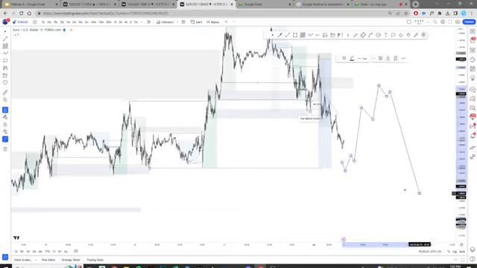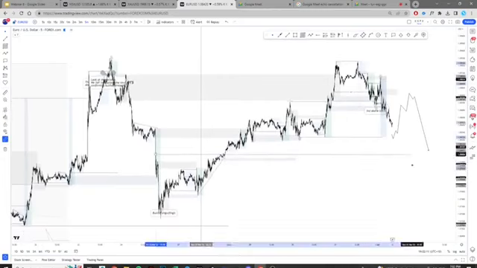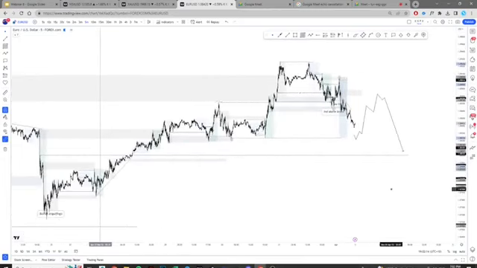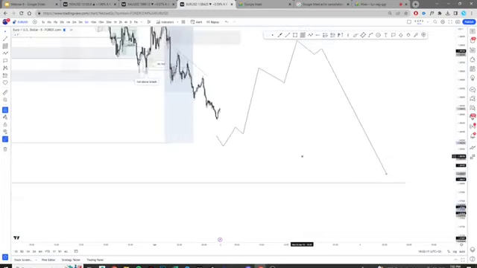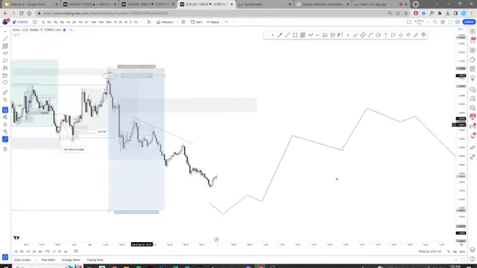We can look for continuations to the downside to under here, okay, under this break point. So that's going to be our daily TP area, but I'll make this after we finish this video. I'll just do markups for the coming week, delete everything I have. But yeah, that's about it.